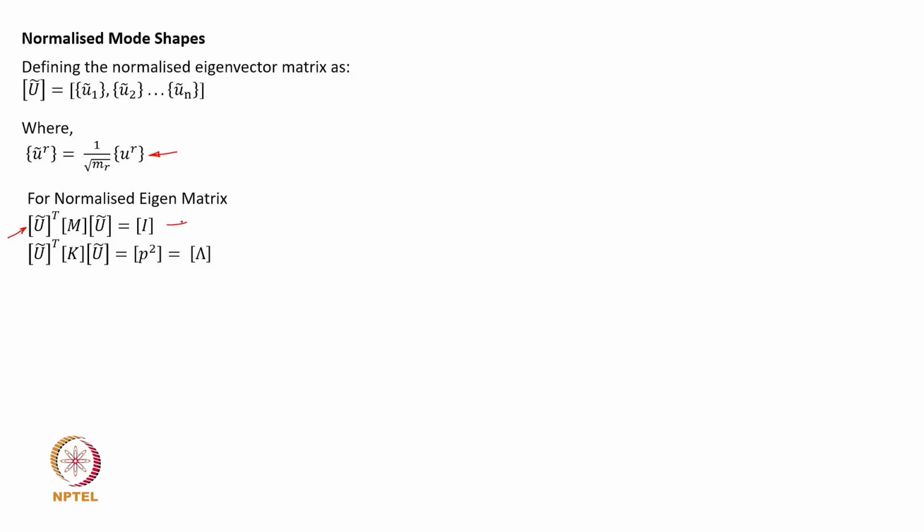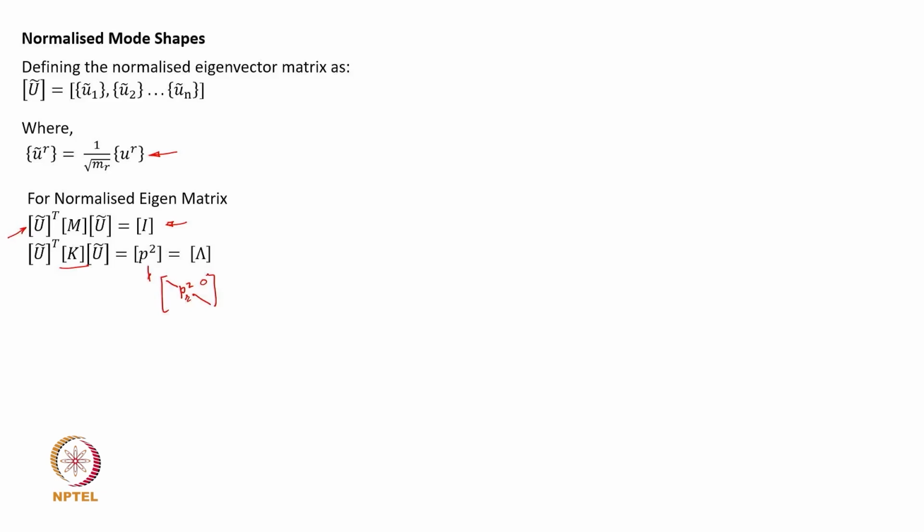And then it is equally straightforward to show that the pre-multiplication and post-multiplication of the stiffness matrix will generate a diagonal matrix containing all the squared natural frequencies. So, let us say pr square, all the diagonal elements, because for any pre and post multiplication by eigenvectors which are different, you will generate 0 value.